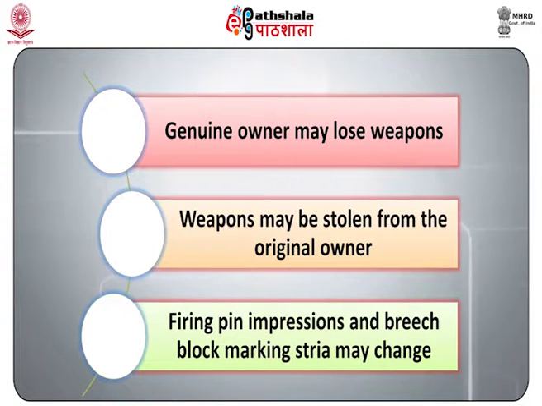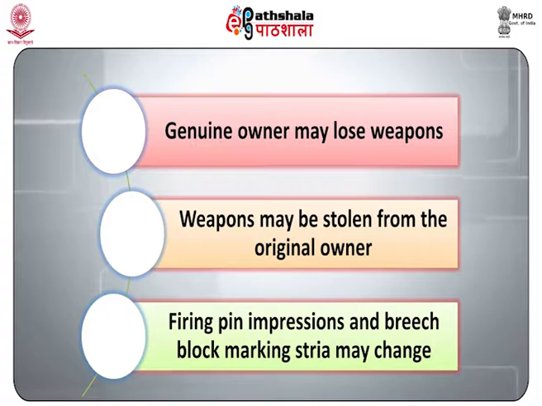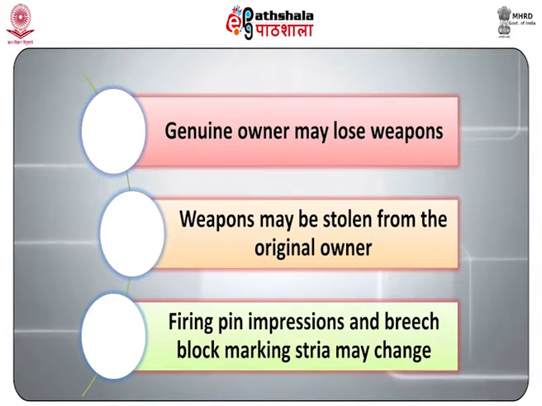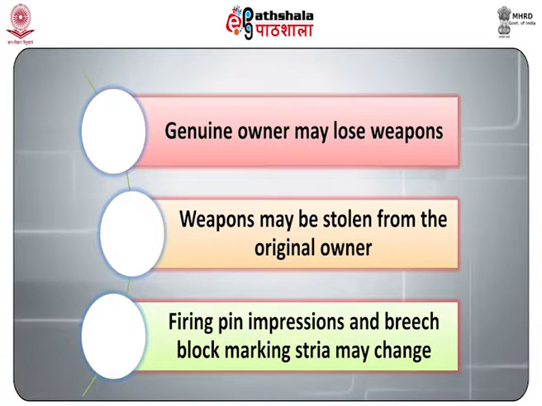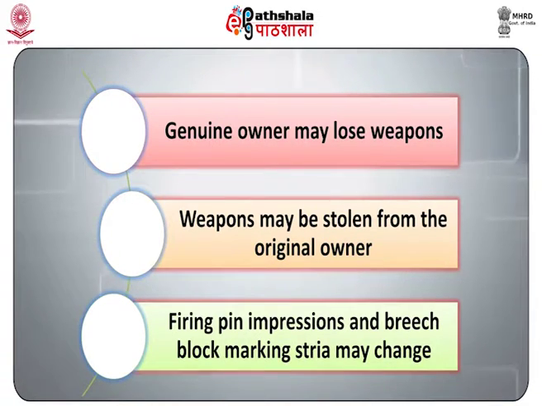The genuine owner may lose the weapon. Weapons may be stolen from the original owner. In case of firing of several rounds within a short time, firing pin impressions and breech block markings, like bullet striations, may change enough so that they can no longer be matched to a test fired cartridge.